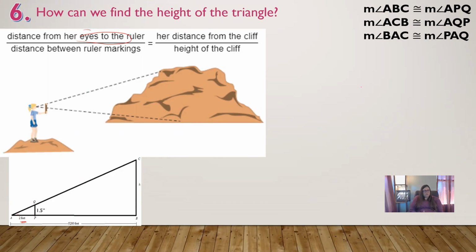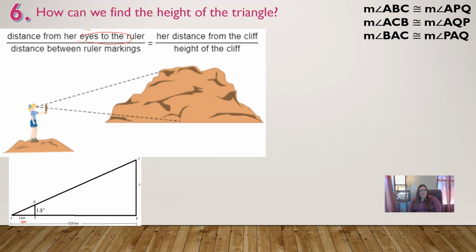By holding a ruler 2 feet in front of her eyes, as illustrated in the diagram, Jenny sees that the top and bottom points of a vertical cliff face line up with marks separated by 1.5 inches on the ruler. Jenny is about 1/4 mile from the cliff. What is the approximate height of the cliff?